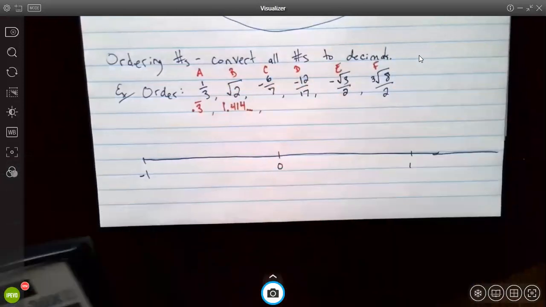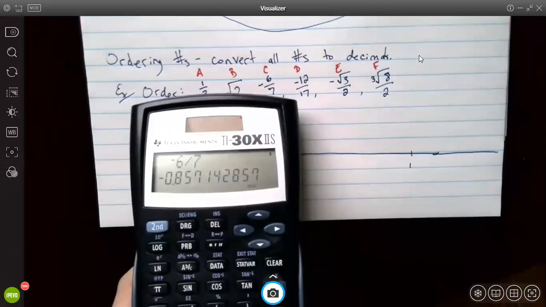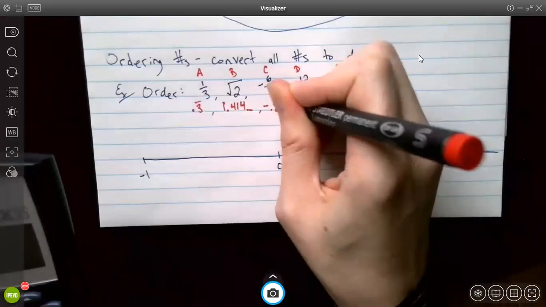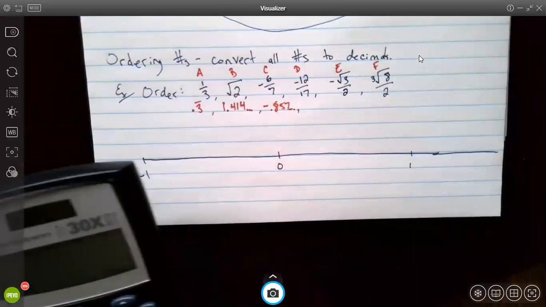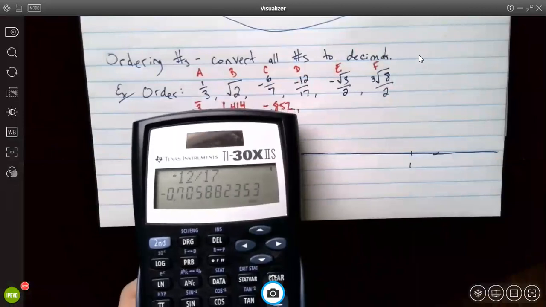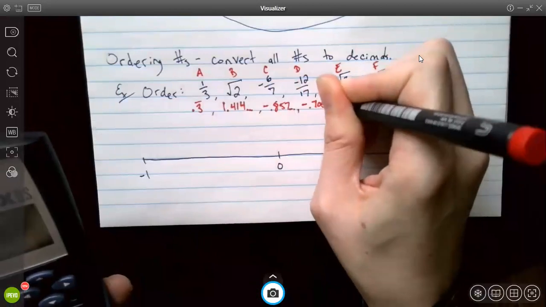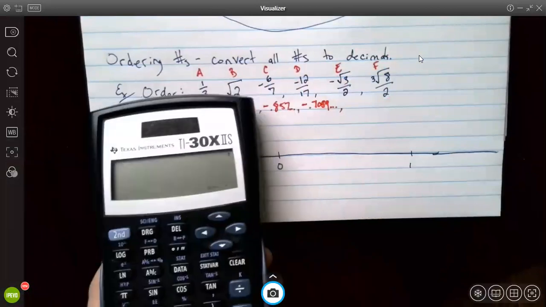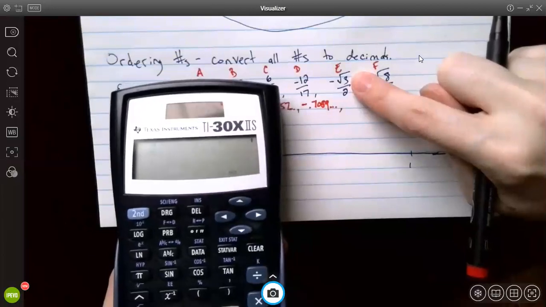And then I'll do -6 divided by 7, which gives me -0.857, and so on. -12 divided by 17. Again, it's a non-repeating, non-terminating number, -0.7059-ish. Next up, I've got negative square root of 3 divided by 2.